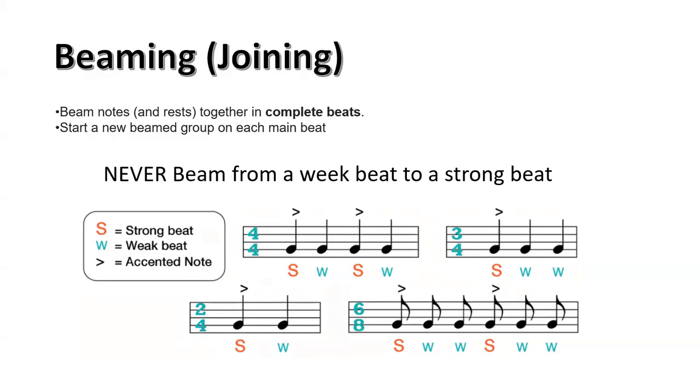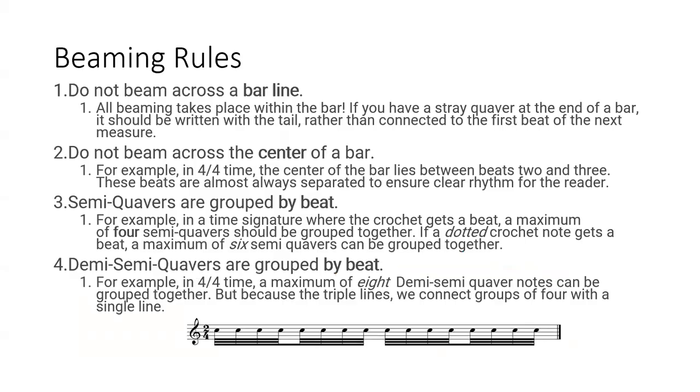You should be able to visually see where every beat of the bar is by how the notes are written and joined together. On these time signatures, I put where the strong beats and the weak beats are. Probably going to go on to the next one.